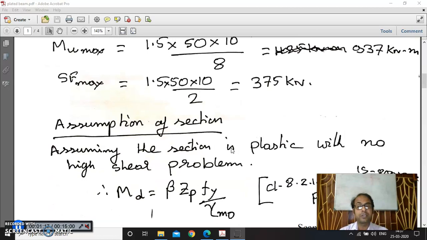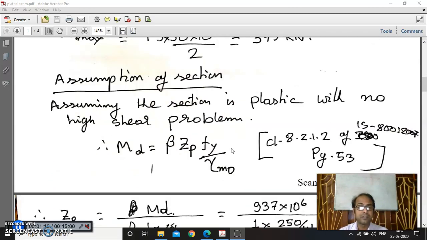Then we have tried to assume a section. While assuming the section, we have used the assumption that the section is plastic with no high shear problem, and we have used the basic formula of beam bending, which is provided in clause 8.2.1.2 in IS 800, page 53.